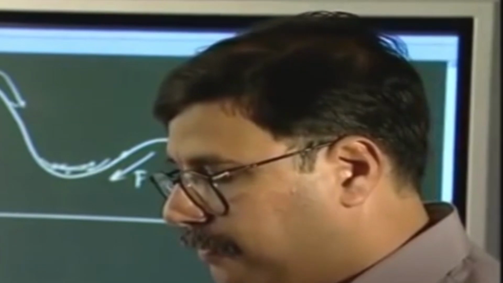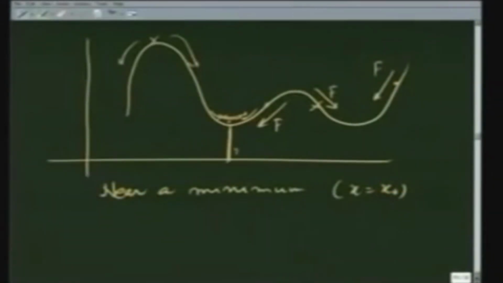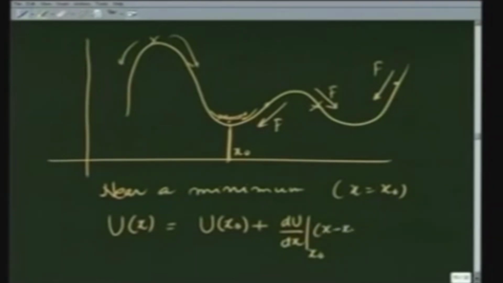So, near a minimum, and let us call that minimum x equals x0, I have u(x) slightly away from the minimum, by Taylor series expansion, as u(x0) plus du/dx at x0 times (x minus x0) plus 1/2 d²u/dx² at x0 times (x minus x0) squared.